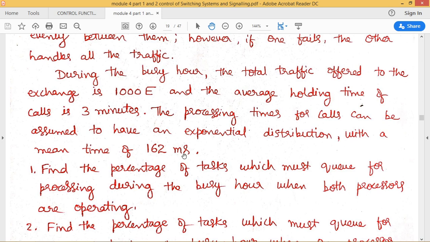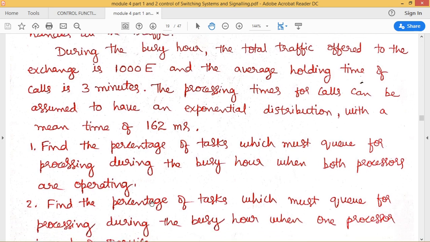It is given that in order to process a particular call, the SPC exchange needs a mean time of 162 milliseconds. Now we want to find the percentage of tasks which must queue for processing during the busy hour when both processors are operating.